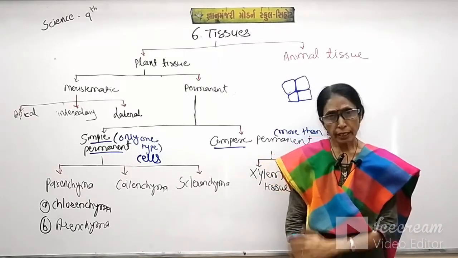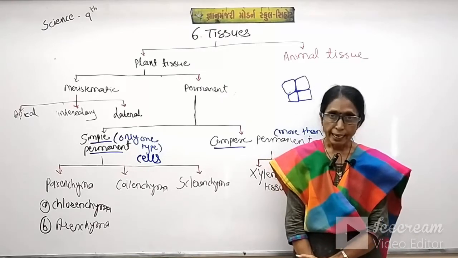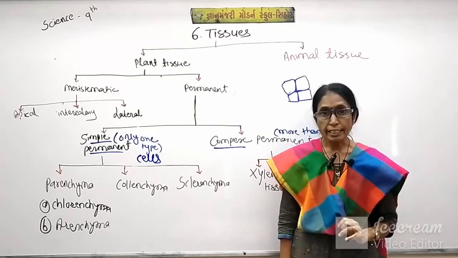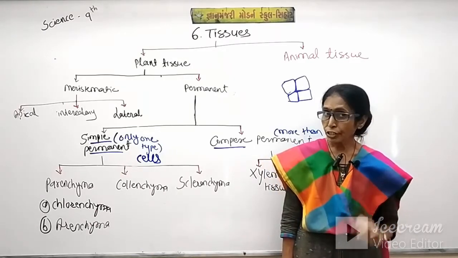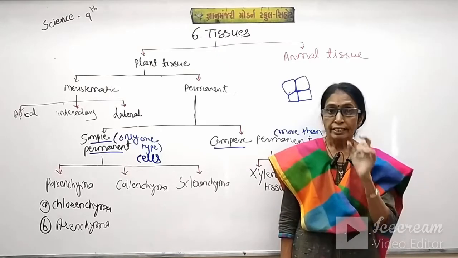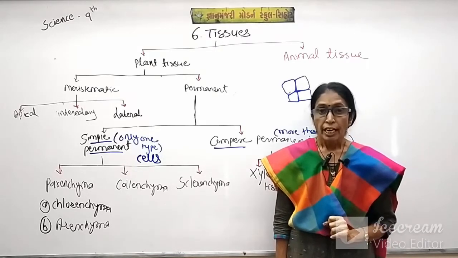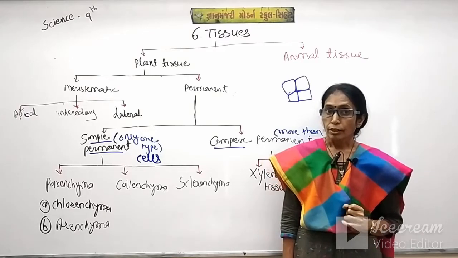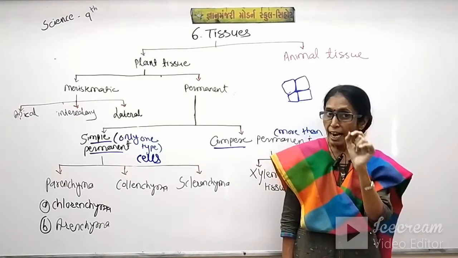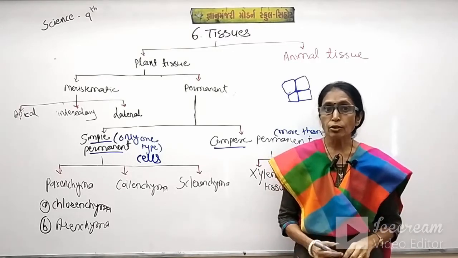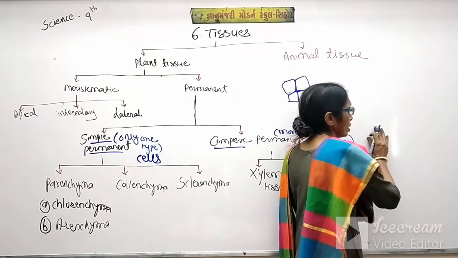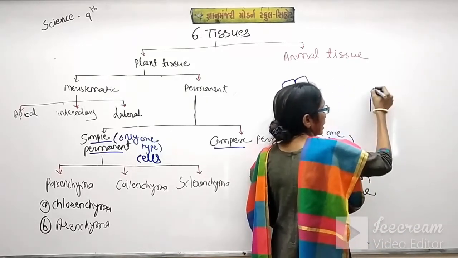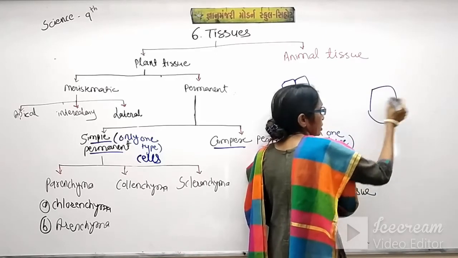Collenchyma. They are also living cells, and these cells provide mechanical strength, and also their walls are thick. They have large intercellular space. What is the meaning of intercellular space? Again I will repeat it here. Suppose these are the cells.